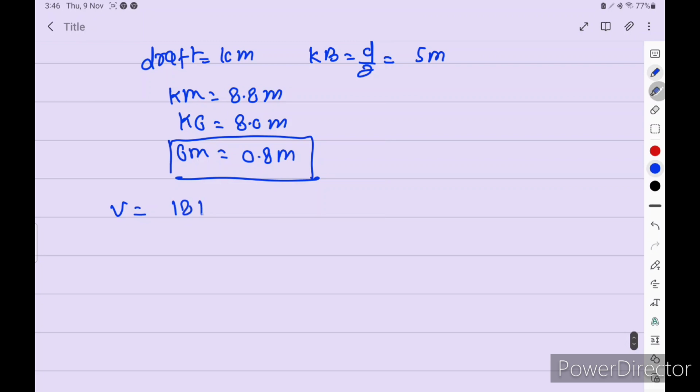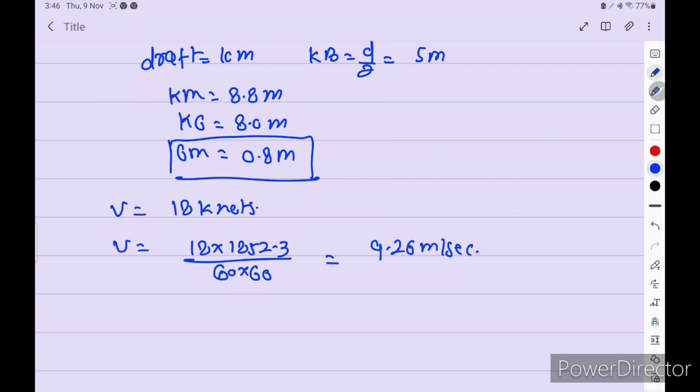V is equal to 18 knots, so V is equal to 18 into 1852.3 divided by 60 into 60, which is 9.26 meter per second.